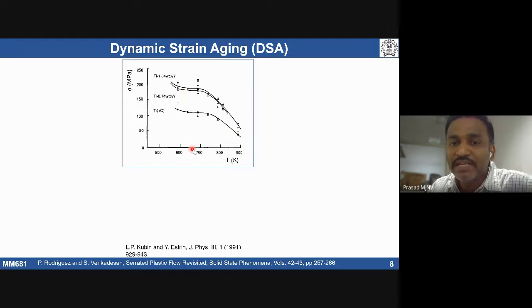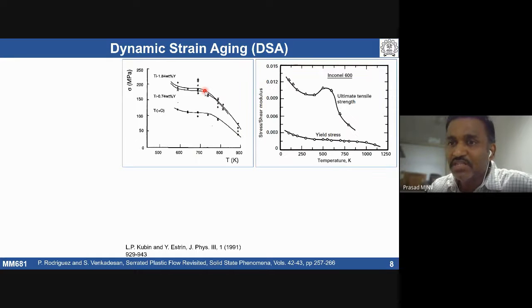That means in a certain window of temperature, some kind of plateau or peak in flow stress has been observed. This is one kind of material. For another kind, super alloys like Inconel 600, the yield stress continues to almost decrease.